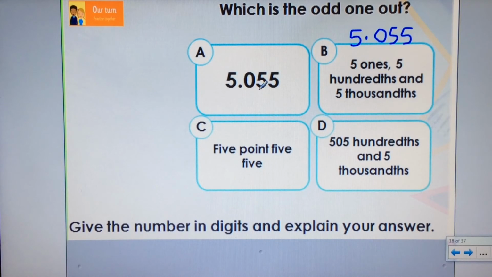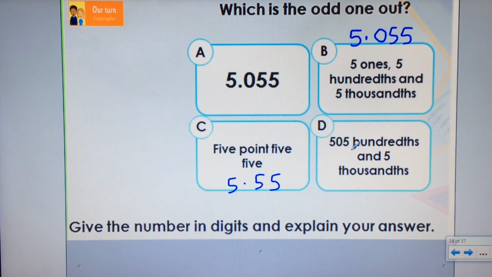So I can already see that those are the same. Let's have a go at C. 5.55. I can now see that that one's a different one.